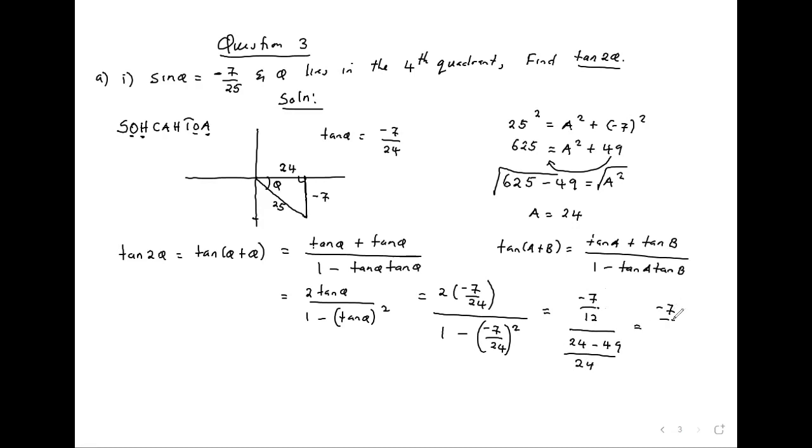This is giving us -7 over 12 multiplied by 24 over 25.